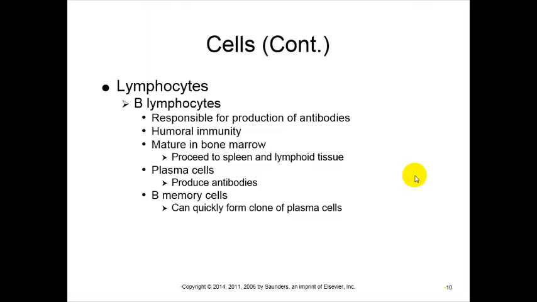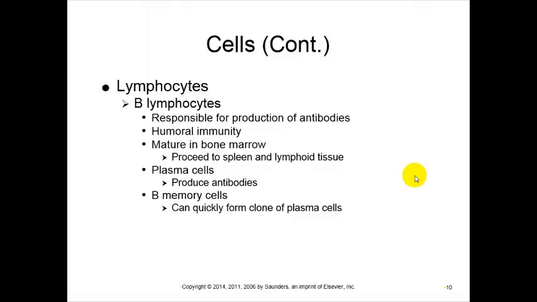And these B lymphocytes produce these antibodies. The B lymphocytes are going to be involved in humoral immunity because they're dealing with the dissolved antibodies in our blood. So they're in our blood, and that's why it's called humoral immunity. B lymphocytes mature in the bone marrow.